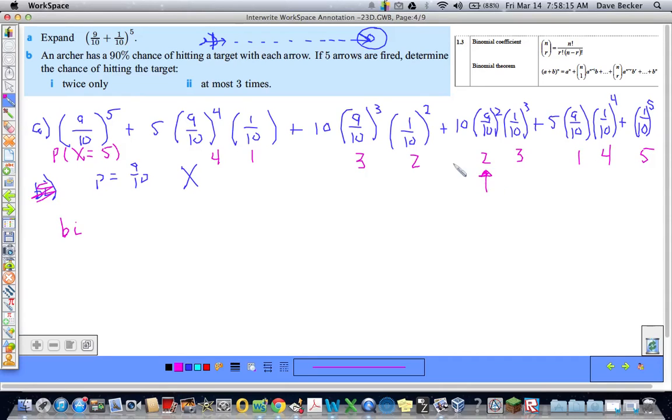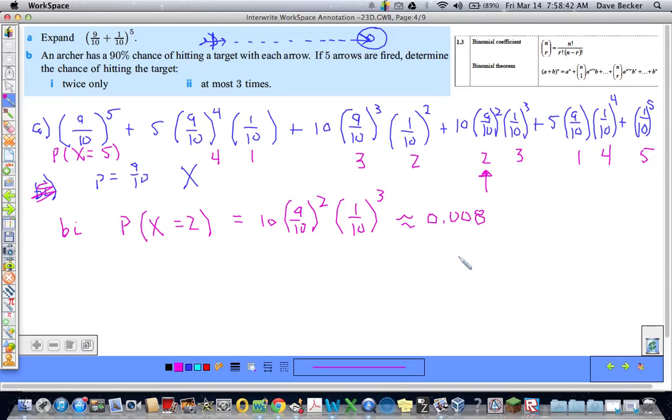So the probability that X equals 2 would be equal to 10 times (9/10) squared times (1/10) cubed. That's a perfectly good answer. But if you had your calculator, you would see that that is approximately equal to 0.008 to 3 significant figures.